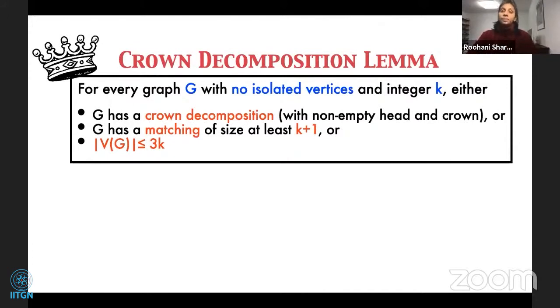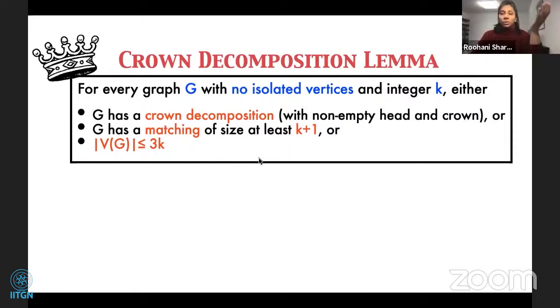It says that if you give me a graph which has no isolated vertices and any integer k, then I'm guaranteed to output one of the following. I'll either output a crown decomposition of the graph, in which case for the vertex cover problem you can apply the reduction rule, or I'll give you a matching of size at least k plus 1. Or if I'm not able to do either of the above, then I know for a fact that the number of vertices in the graph is bounded by at most 3k.